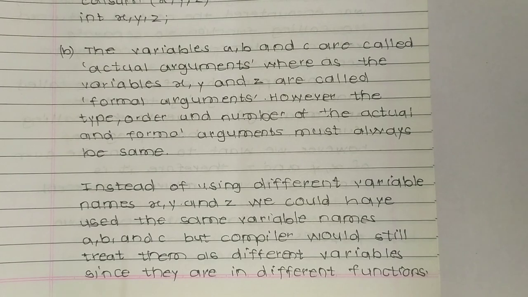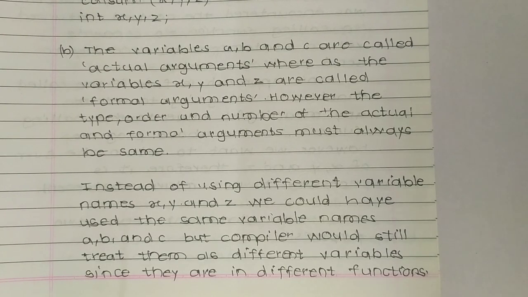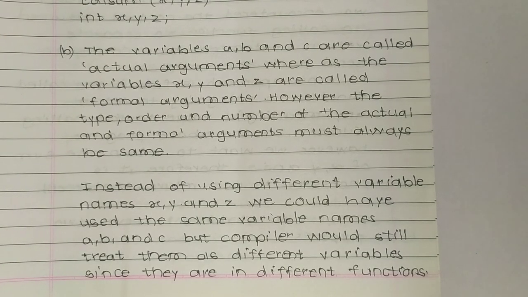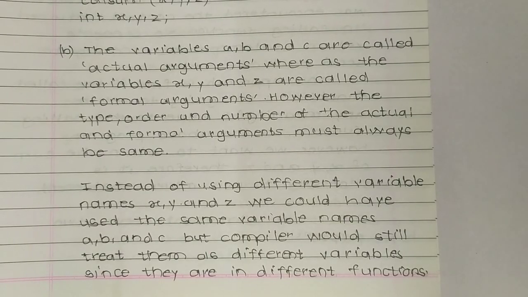Calsum is a different function, main is a different function. So no matter what we call them, they will be treated as different by the compiler. That is why we are calling them x, y and z.